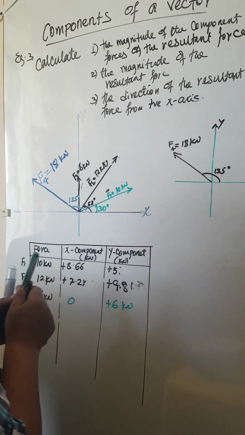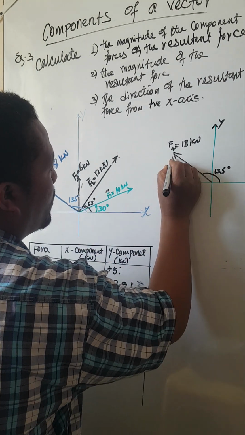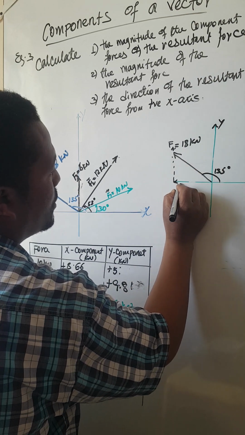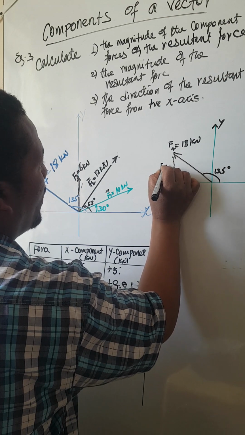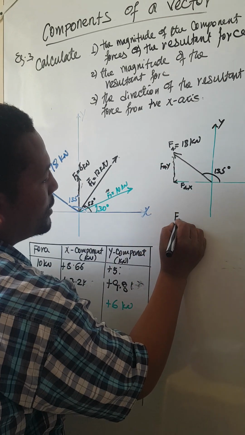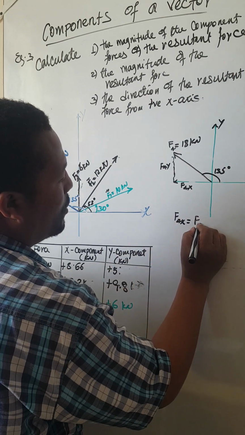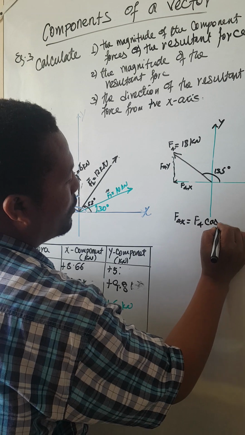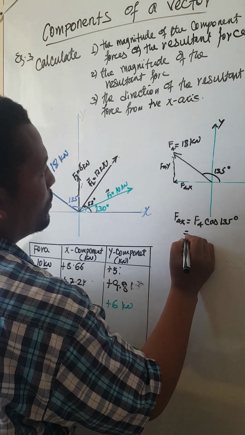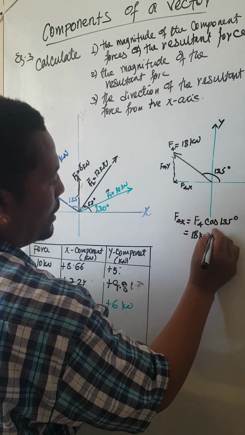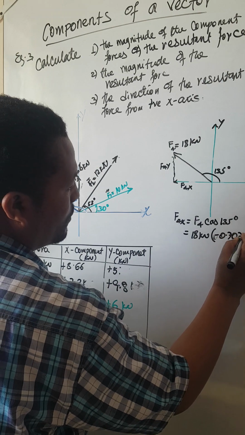But in the mathematics, now here we have F4x and F4y. Now F4x is equal to F4 cosine of 135 degrees. This is equal to 18 kilonewton times cosine of 135, which is negative 0.707.